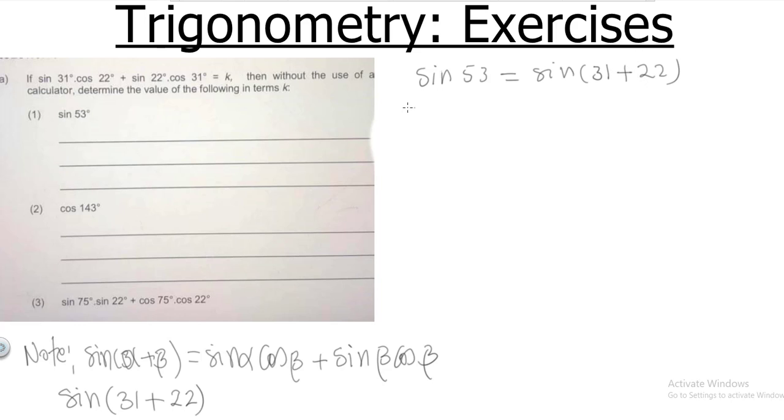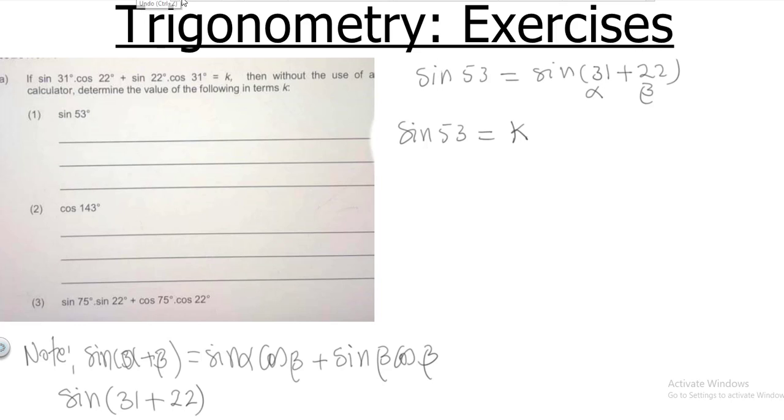Meaning that if we have 31 and 22, this represents alpha, this represents beta. So sin 53 will be equal to k.